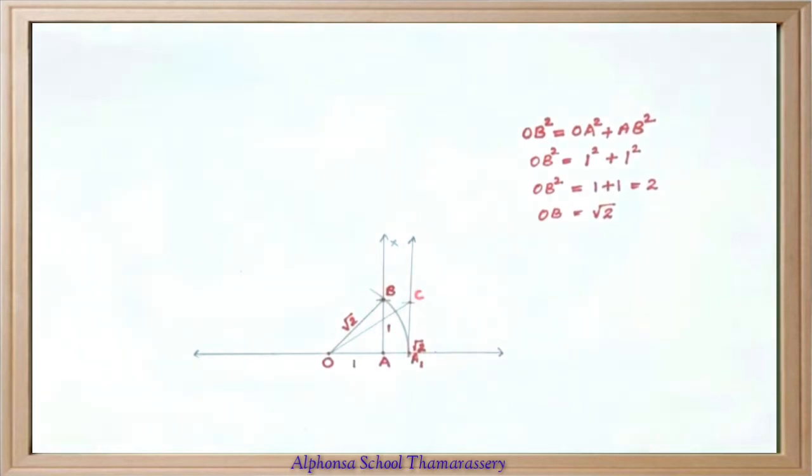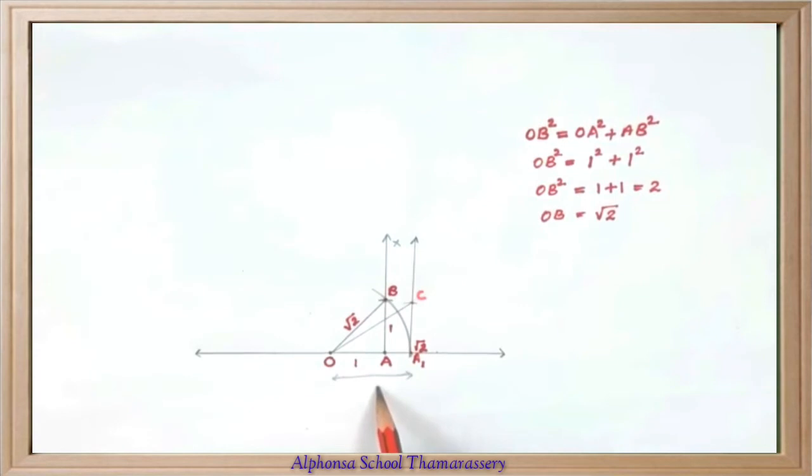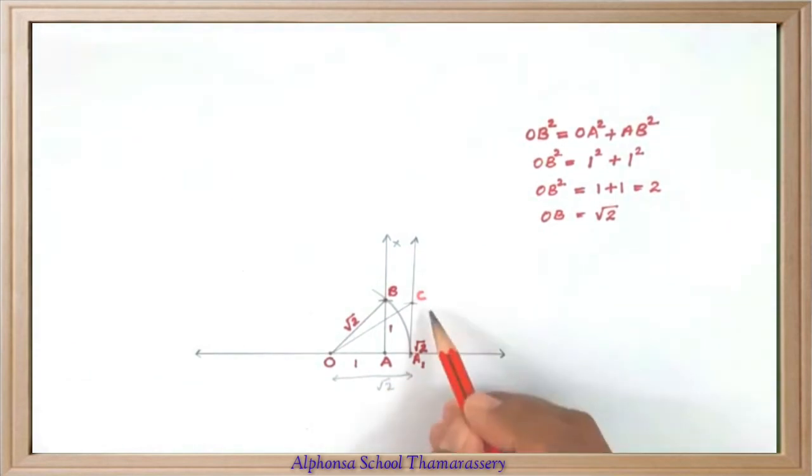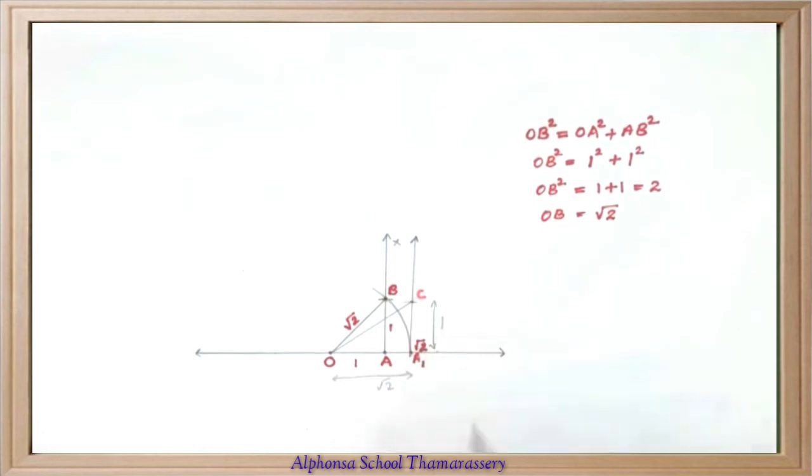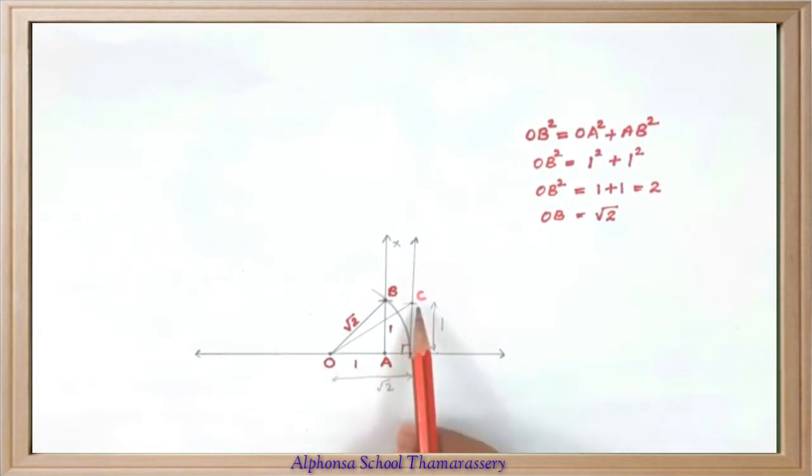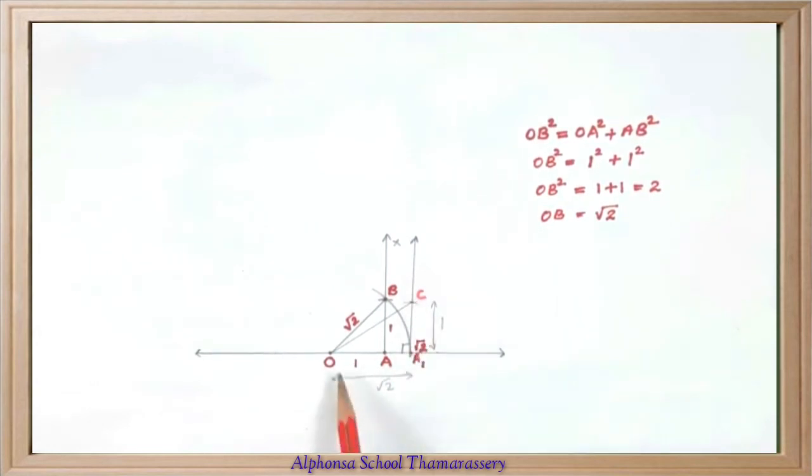See, here OA1 is equal to root 2 units and A1C is equal to 1 unit. So here we will get a right triangle OA1C. OA1C is a right triangle. The length of OA1 is equal to root 2. A1C is equal to 1 unit.